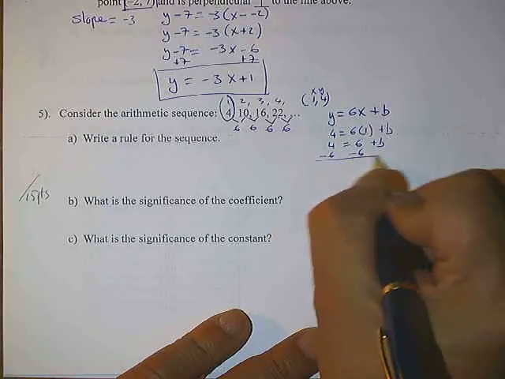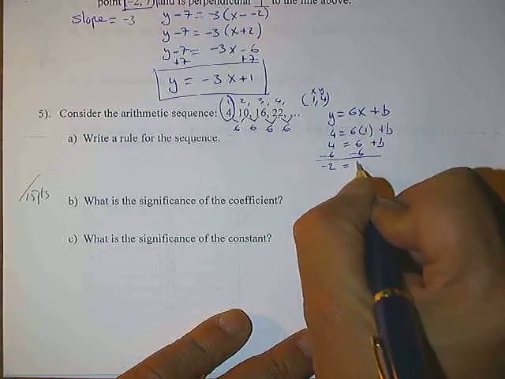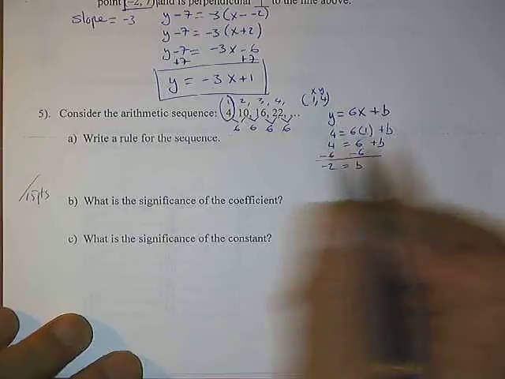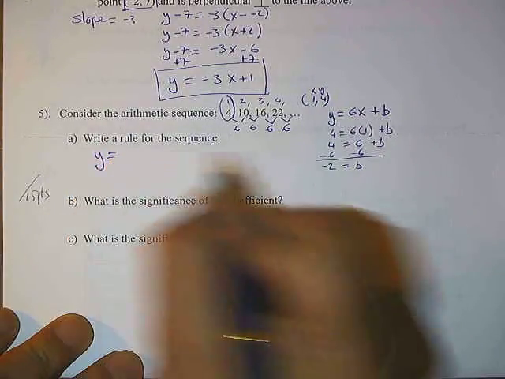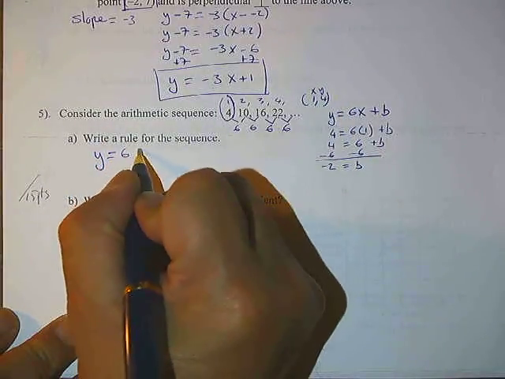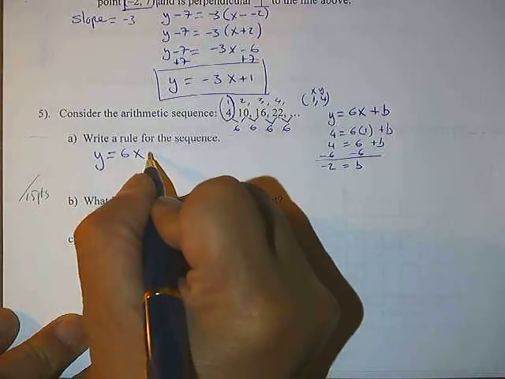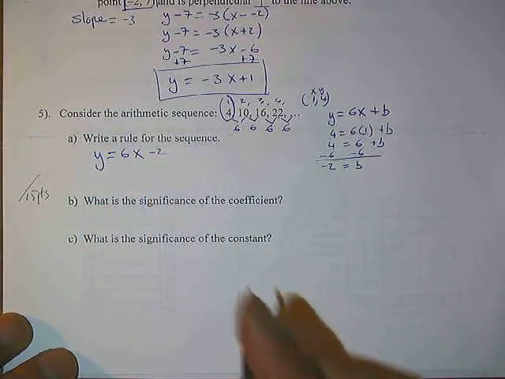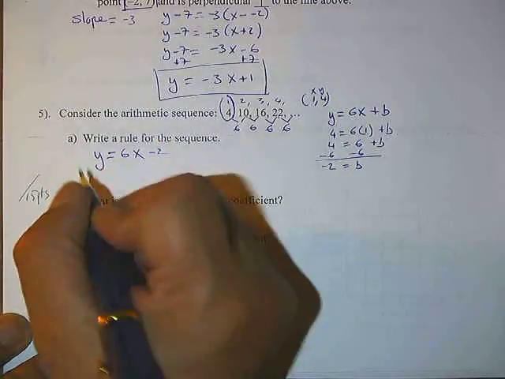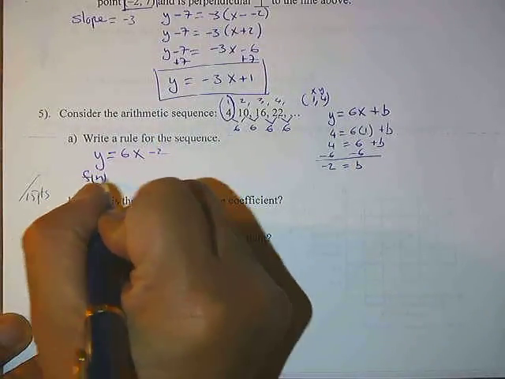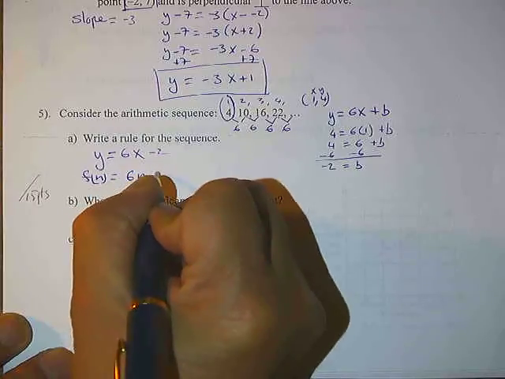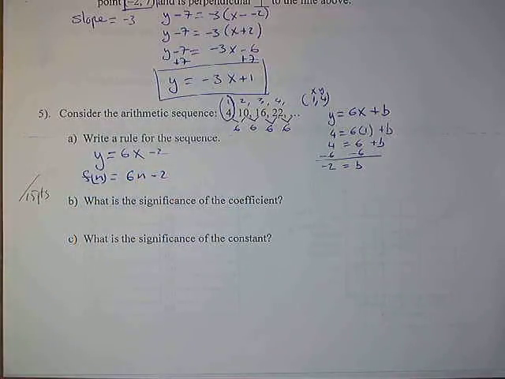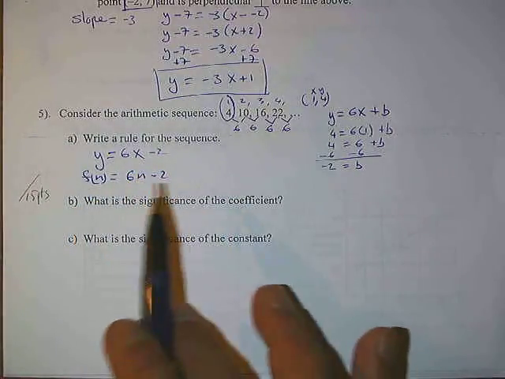So what am I doing here? The y is going to be the 4, and then 6 times 1 plus the b. Minus the 6 to both sides, which I'll do right now. And we have the y-intercept is -2. So the equation is y is equal to 6x minus 2.